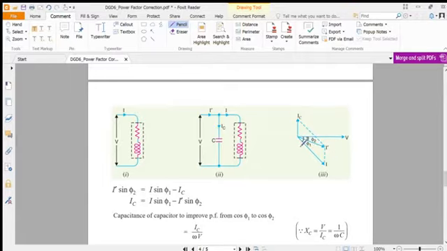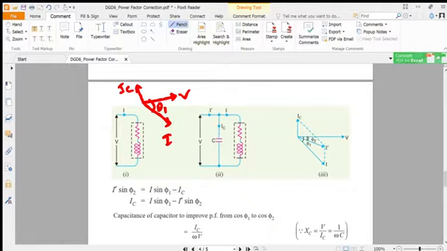Here the reference is V. This is V and this is I, this is theta 1. Now if I add the capacitor, we know for a capacitor the current is leading, it's a pure capacitor actually.